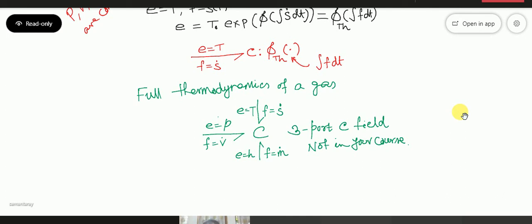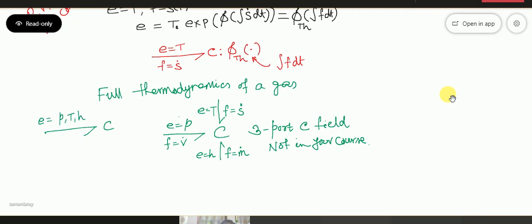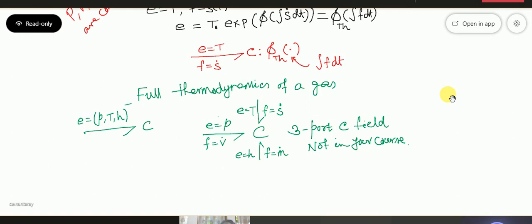When you write those in matrix form, a one-port actually becomes something different. I can write the same thing as a matrix. All these three I can combine into a matrix. I can show it here on the screen. I have P here, my effort is E, this vector transpose.